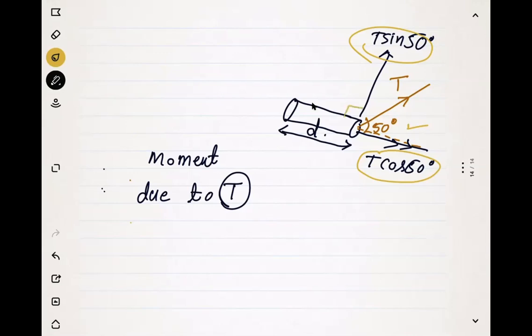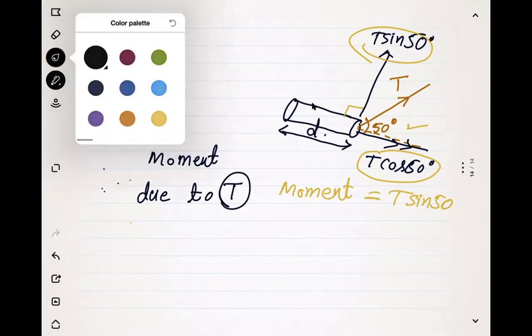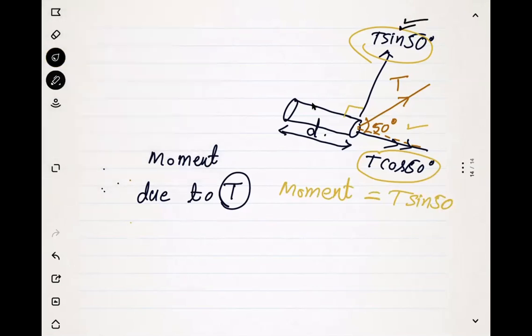So the moment is equal to T sine 50. This is the component T sine 50 into the distance, which is L by 2. So it would be T sine 50 into L by 2. This would be the equation for the moment due to T.